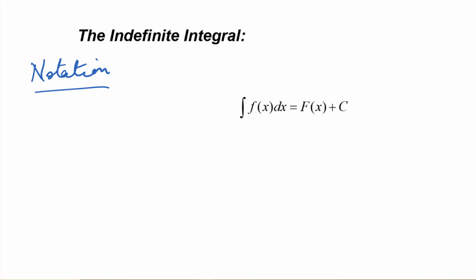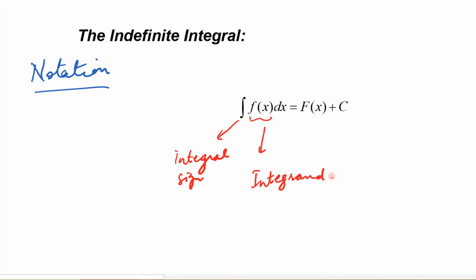First we start with the indefinite integral. This is what the notation of the indefinite integral looks like. This sign is called the integral sign, and the function that we are going to take the integral of is called the integrand, and dx is called the differential of x, or it indicates the variable of integration.